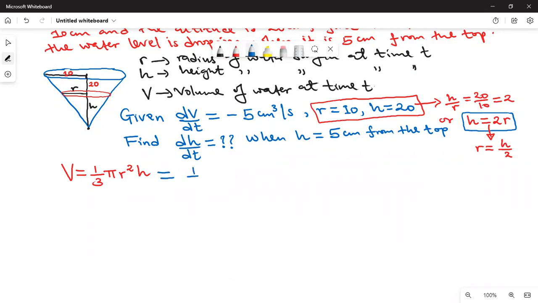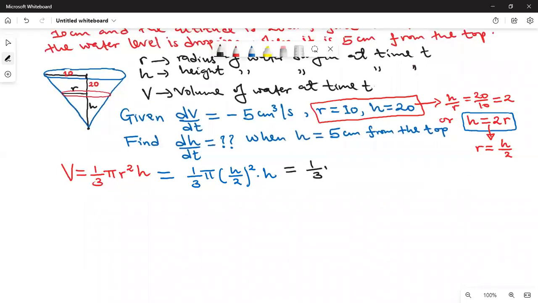So that is 1/3 pi, then the radius squared. So that is h over 2 squared times another h. But 1/3 pi r squared h. So we are replacing r. So what are we going to get if we simplify? We are going to get 1/3.